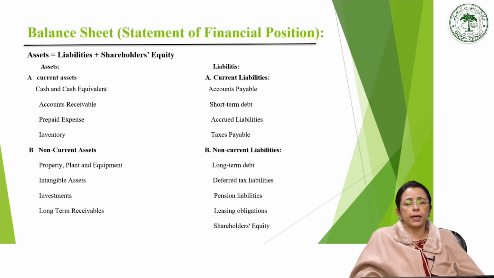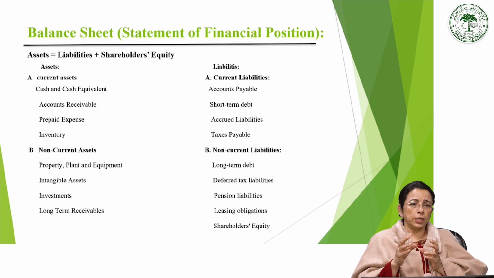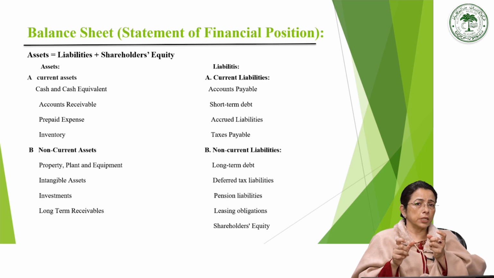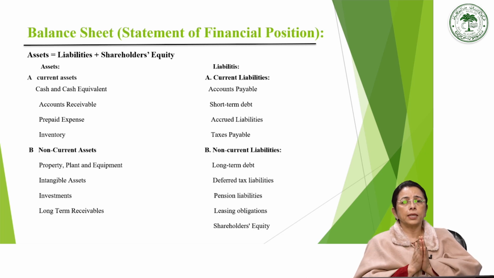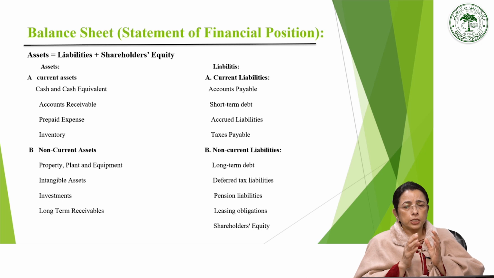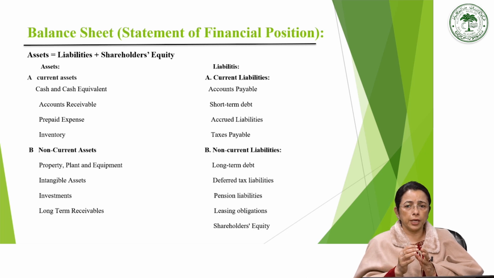So we find that when we take a comprehensive entry of these items in a systematic, scientific way, this balance sheet shows the company's assets, liabilities, and shareholders' equity, or the remaining stake of the owners, giving a thorough summary of the company's financial situation.